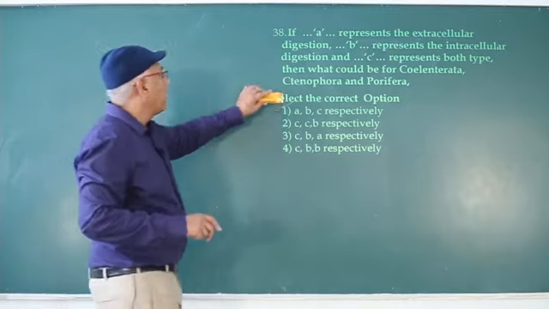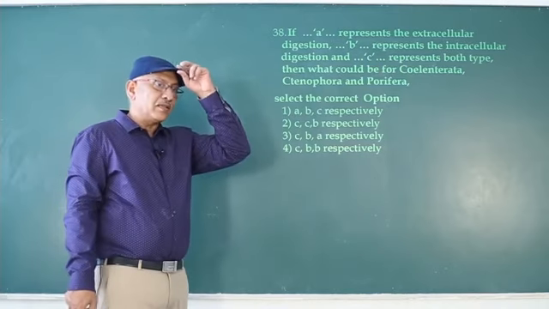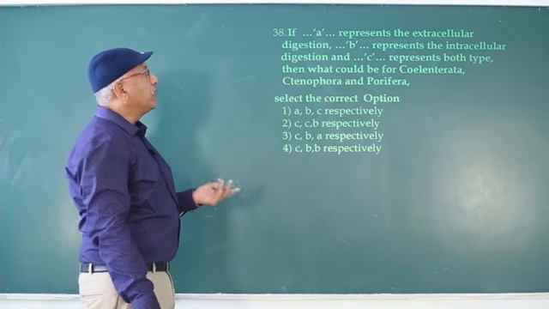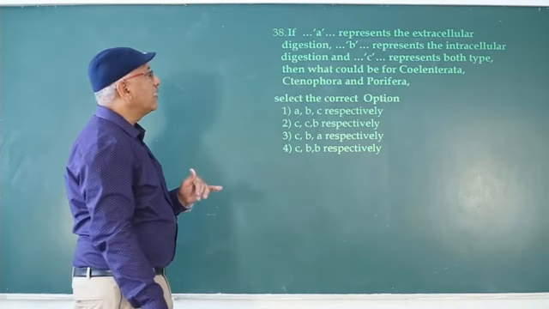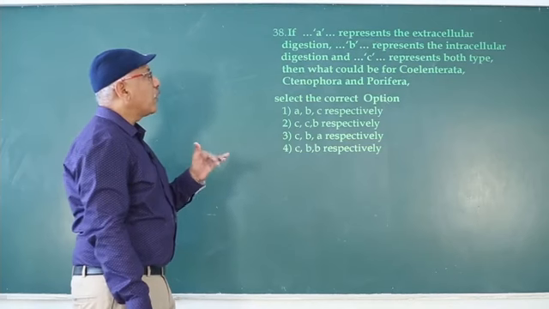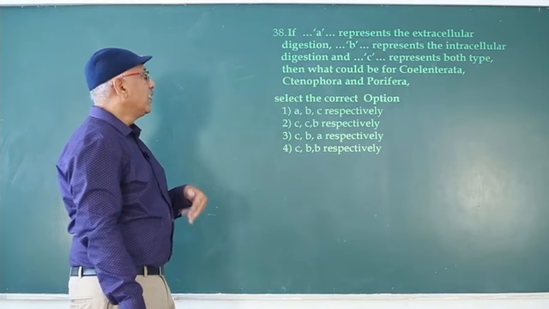Next question. If A represents extracellular digestion, meaning outside the cell, B represents intracellular, within the cell, and C represents both types, then what could be for Coelenterata, Ctenophora and Porifera?